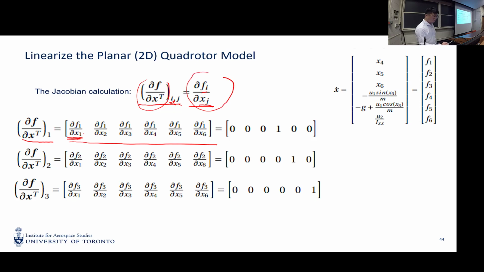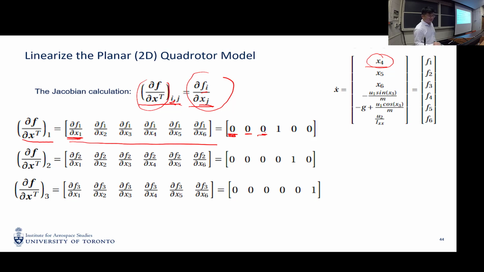So for example, the first element of the first row is partial f1, partial x1. But as we can see here, this function has nothing to do with x1. So the first entry is 0. Right? And so on and so forth. The second entry is also 0 because it does not contain anything related to x2.